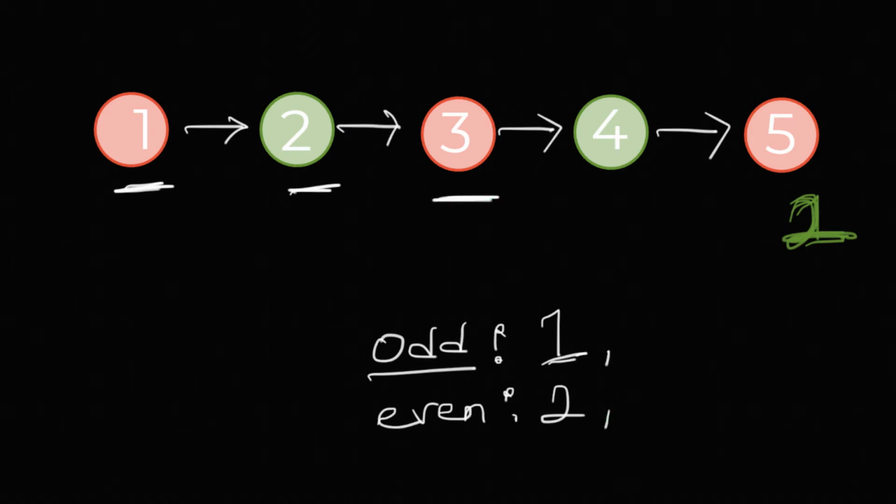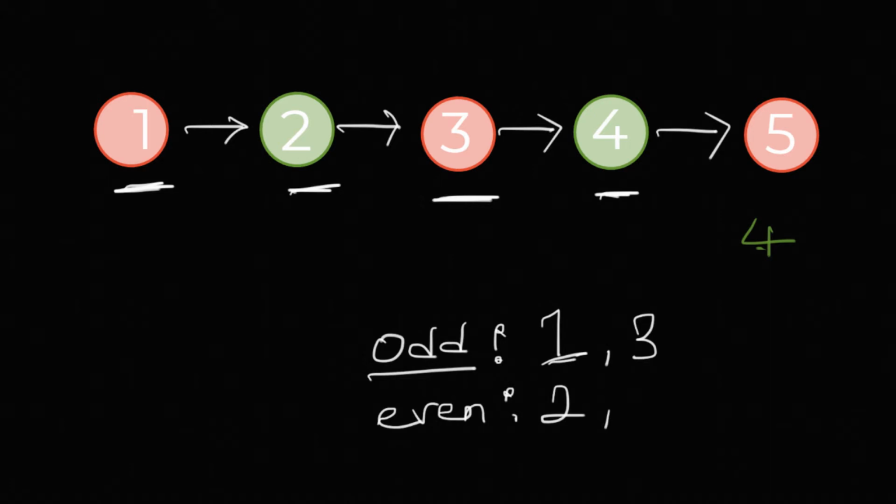So now counter becomes 3. And then we check, is 3 an even index or an odd index? 3 is an odd index, so we add the value at index 3 to the odd array list. So 3 comes here. And then we move on to the next iteration, incrementing the counter as we go. So counter now becomes 4. And then we check, is 4 an even index or an odd index?